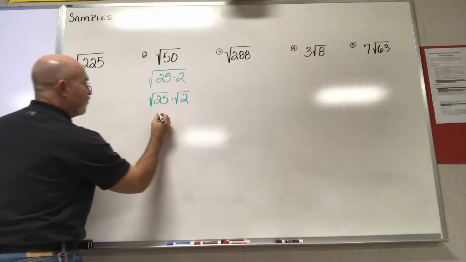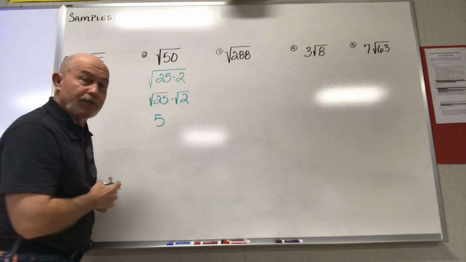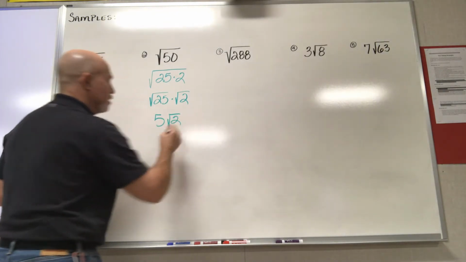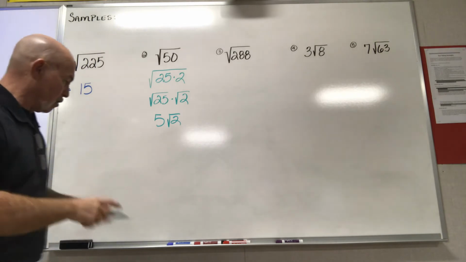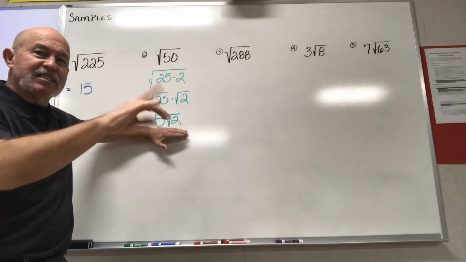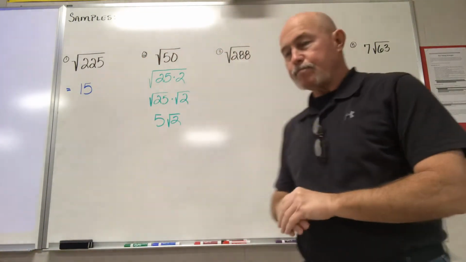The square root of 25 is 5. It is allowed to come out of the radical. Radical 2 stays in. It's not a square. So 5 radical 2 is the simplified version of radical 50. Okay?